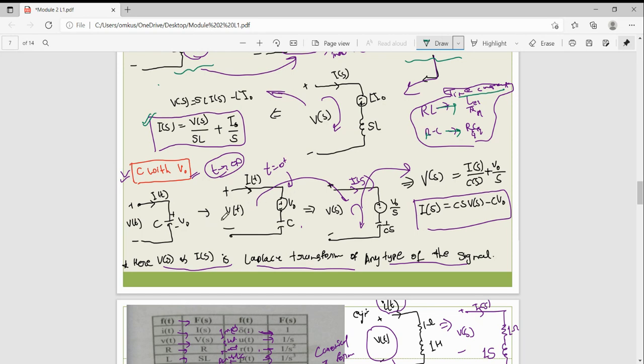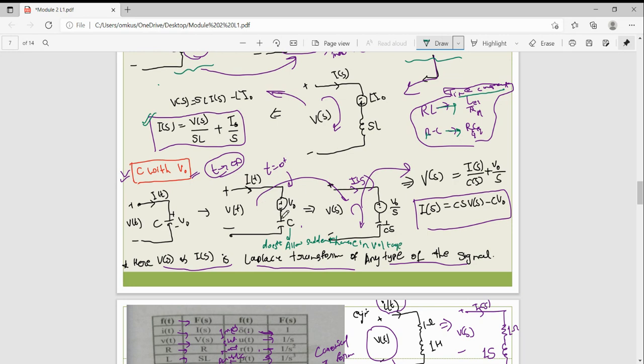So in that case we have to replace this voltage across the capacitor in series with this capacitor, because the capacitor doesn't allow a sudden change in voltage.